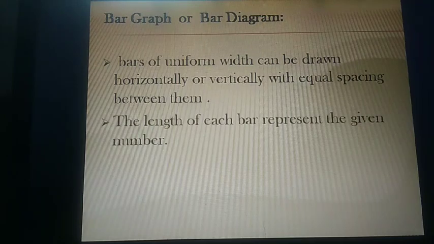So, the next method that we can use to represent data is bar graph or bar diagrams. Bars of uniform width can be drawn horizontally or vertically with equal spacing between them, and the length of each bar represents the given number.